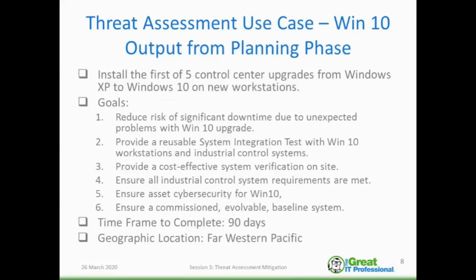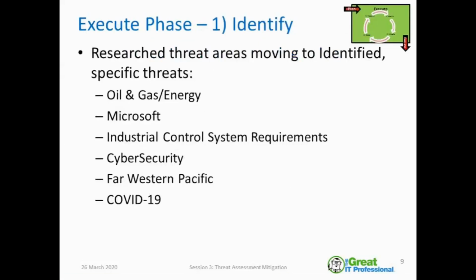And as we went through the process of identification, we also decided that these 3 would be removed: oil and gas, industrial control systems, and the Far West Pacific. We would take some of those off. Doesn't mean we won't revisit them, but for right now, we're going to take those off.